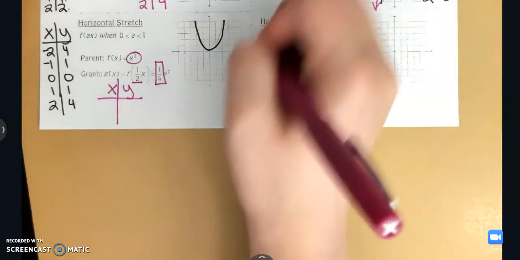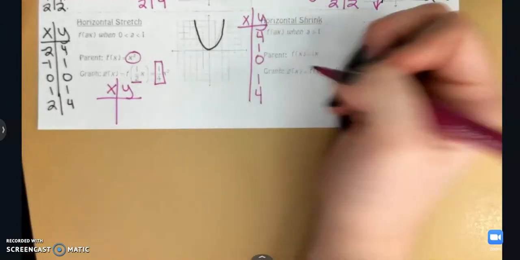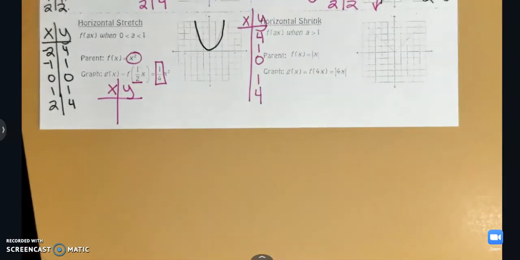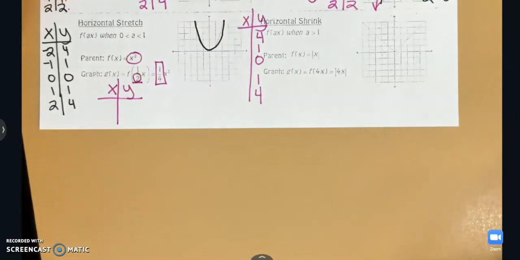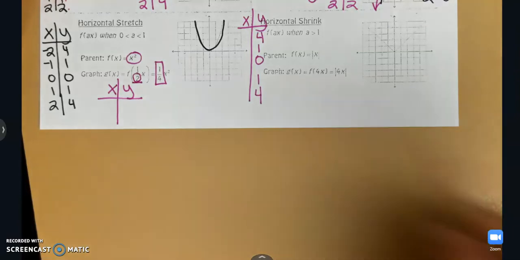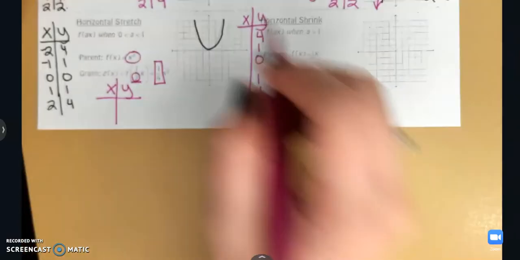That's not enough room. Let me write this over here. So my y values are going to stay the same, and my x values are going to be increasing by the denominator. So here my denominator is 2, so I'm going to multiply each of my x values by 2.